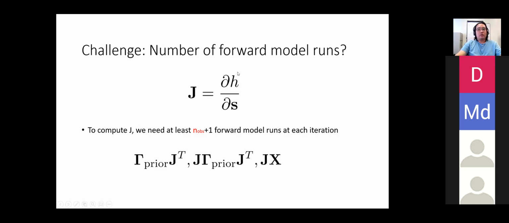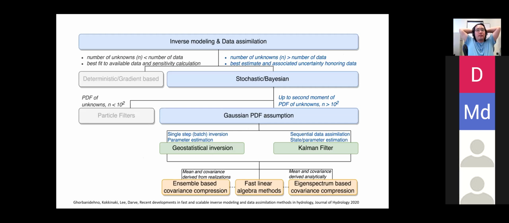So how we reduce this number of simulations is an active area of research. Usually people are doing two kinds of things. One is Kalman filtering. In this case, you use the ensemble Kalman filter, where you generate a lot of ensembles, or realizations, or scenarios from your prior covariance matrix.